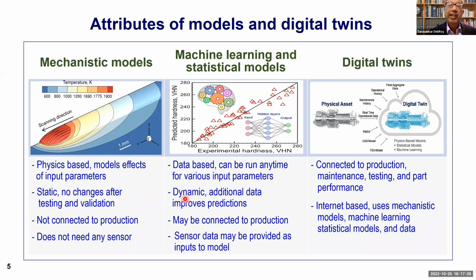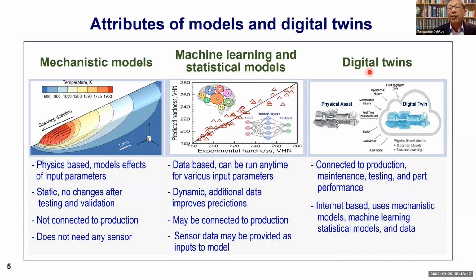That means if we get more data from the sensing units, the larger volume of data will improve predictions, and therefore the quality of the machine learning output and the quality of the statistical model guidance will be more appropriate, more correct. It may be connected to production, but does not have to be. And sensor data may be provided as inputs to the model. So you see, this is kind of dynamic. With time, the quality of prediction will improve.